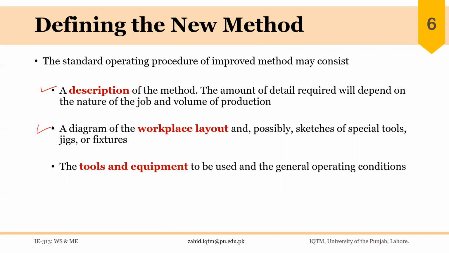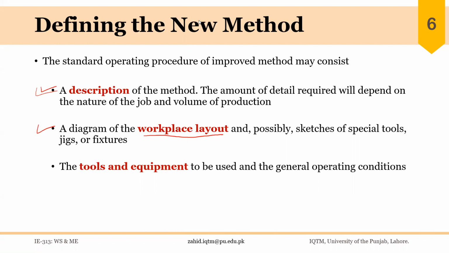Secondly, a diagram of the workplace layout should be included because this diagram actually helps the operator in understanding the description that we have included. So that really helps a lot in better understanding the process.